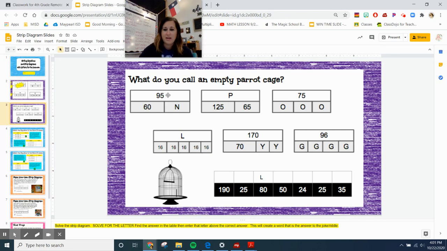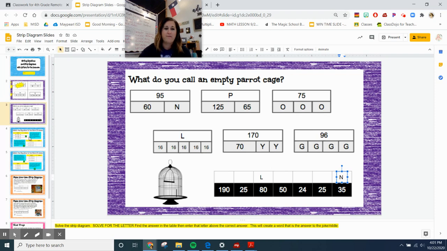So 95 minus 60 is 35. So that's n. We're going to find 35 down here, and we're going to put the letter in there. For this one, you would do 125 plus 65. Whatever you would get, you would put the letter P down here, if that makes sense. It's kind of like you're finding this code word.